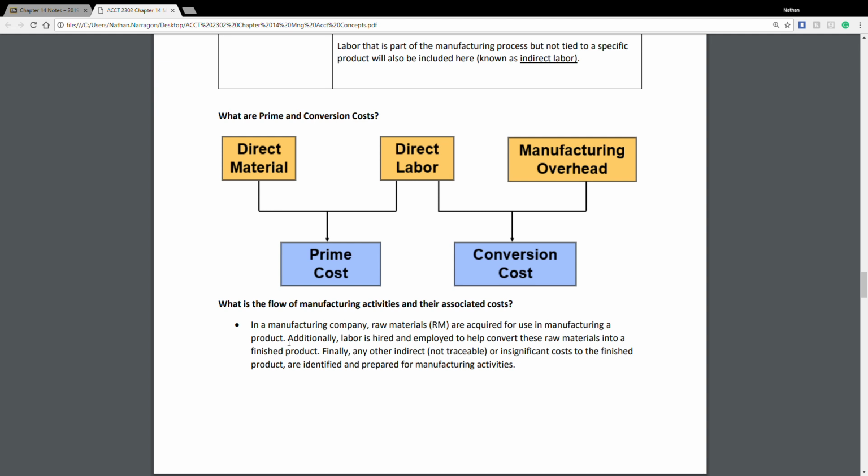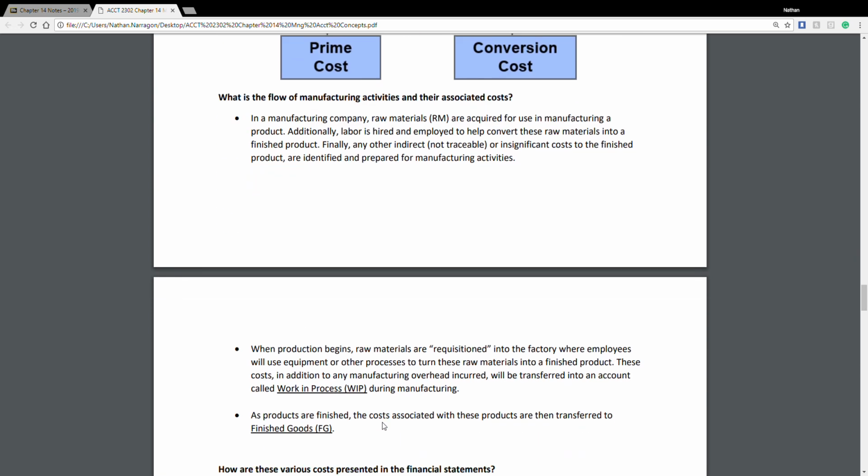So the cycle is this: we get the raw materials, we hire the people to create the item that we want, we have to have other costs, we have to have supervisors, we have to have a building. All this is part of it to basically identify and prepare for any kind of activity. So we're creating them.